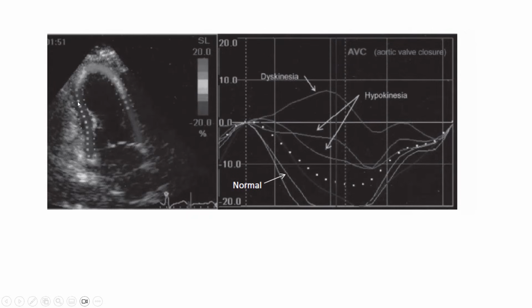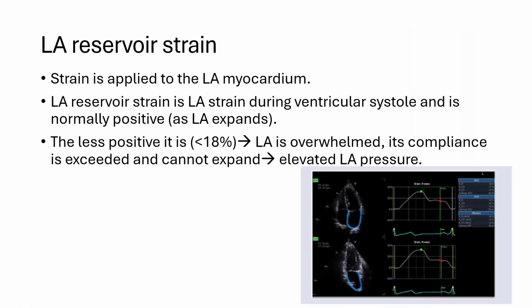Imagine that segment is akinetic. The strain at this segment will be 0. Imagine it being hypokinetic. The strain will be negative, but less negative than normal. So now that we understood myocardial strain in general at the LV level, let me go back to the LA reservoir strain.